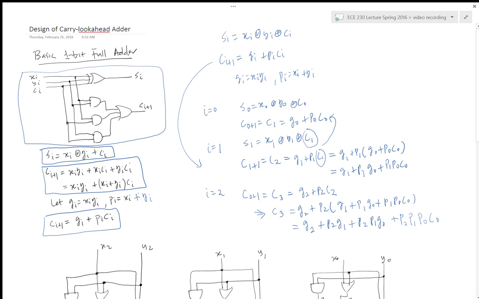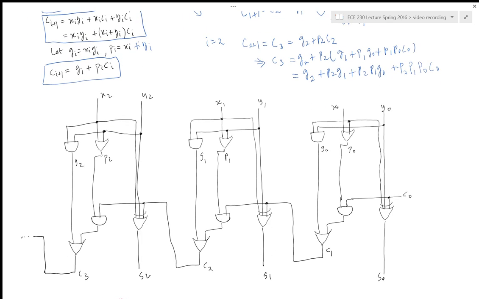Okay, so this is the math, and I'm going to show you how you can use these equations to build the carry-lookahead adder. But for now, let's just look at this basic block right here. You see that this is a basic 1-bit full adder block. Right here it shows a 3-bit adder because it's X0, X1, X2. You see that there's a carry chain right there.